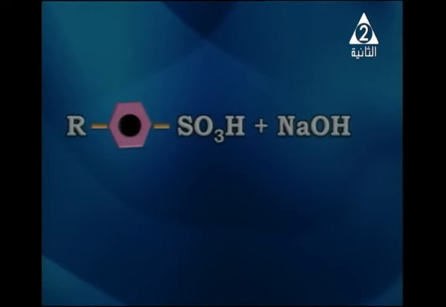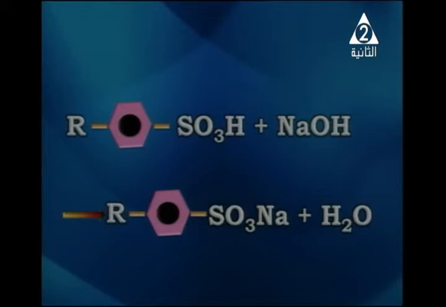As the equation proceeds on the screen, which is the equation of detergent, R-benzene-SO3H, alkyl benzene sulfonic acid, plus sodium hydroxide gives sodium salt of alkyl benzene sulfonic acid, R-benzene-SO3Na, releasing water.